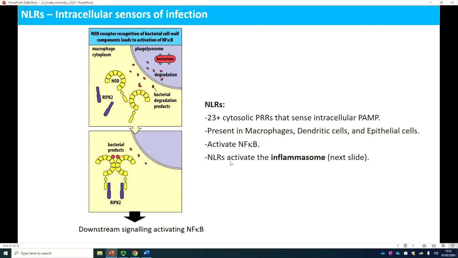But the NOD-like receptors also play a key role in activating what's known as the inflammasome, and we'll go through that on the next slide. What you want to take home from this is that we still have similar downstream signaling which is being mediated via the activation of NF-kappa B.